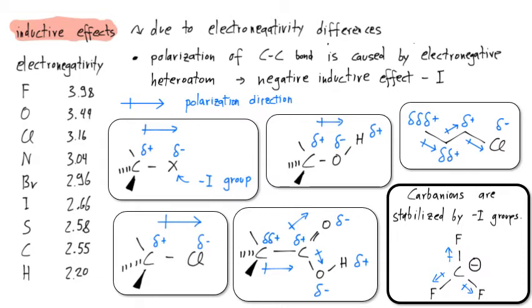It stabilizes reactive intermediates that are anionic, so carbanions, because the electron withdrawing or electronegative properties of these heteroatoms basically absorb the negative charge that the carbanion has, and stabilize it so that it doesn't quickly want to react with another molecule, because the electron is shared between these electronegative groups.